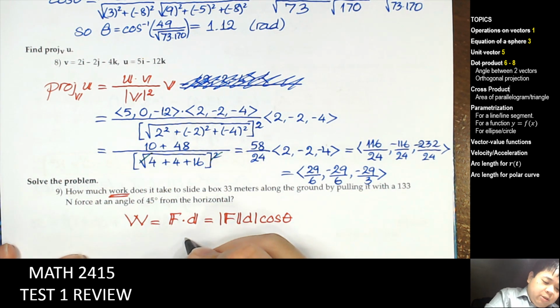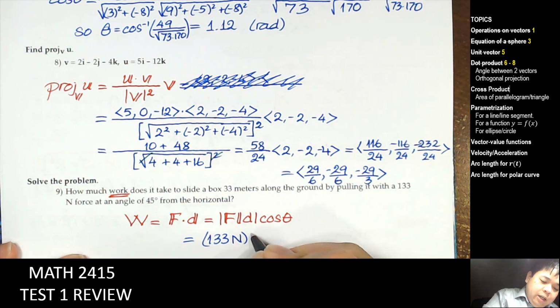So the force of the vector is 133 Newton. It goes 33 meters, and the angle between them is 45 degrees.